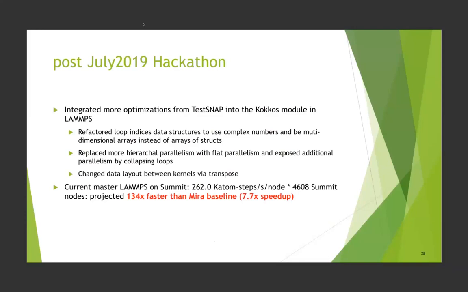And so adding in these additional improvements from test snap, we got a little below 8x speed up. And this is cumulative, so this includes the 5x speed up previously. And so we were now 134x faster than the original Mira baseline. Next slide, please.